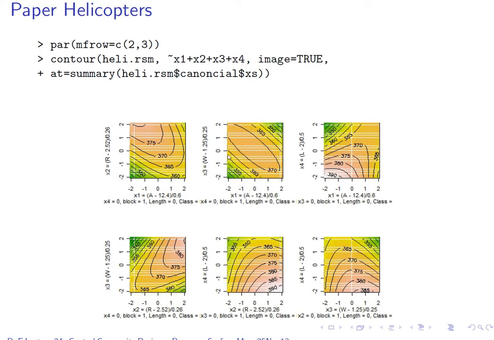This is 365, 365, 355, 355, so that the maximum is somewhere within this region of x1 and x3. Now we know that it's down here, so the value of x1 is somewhere closer to maybe -2. It's likely then that the value of x3 is similarly large at the maximum point.